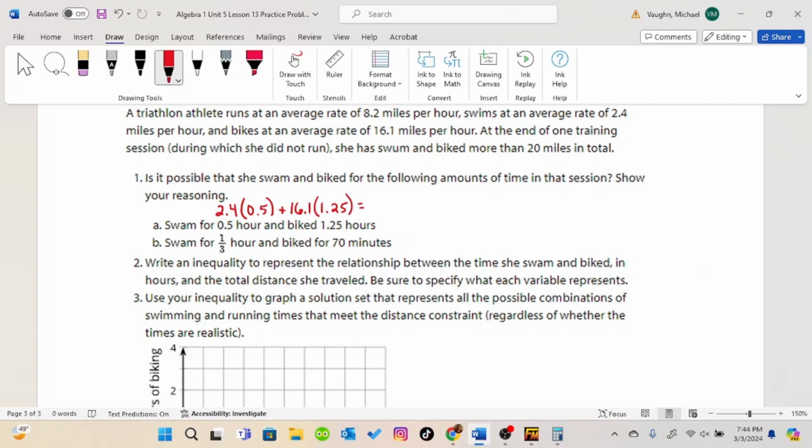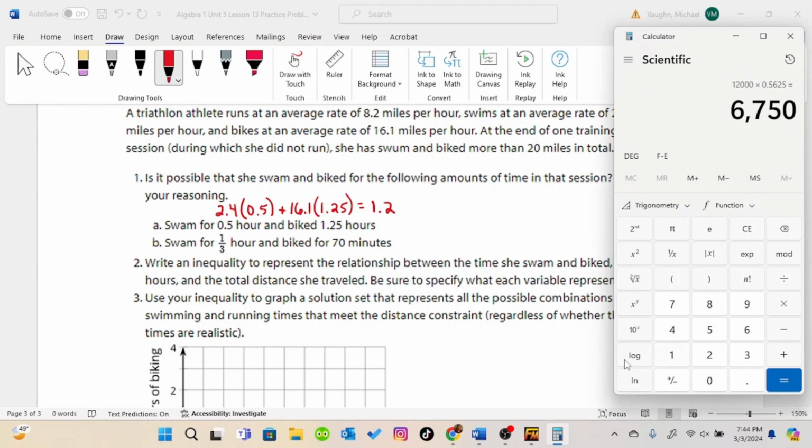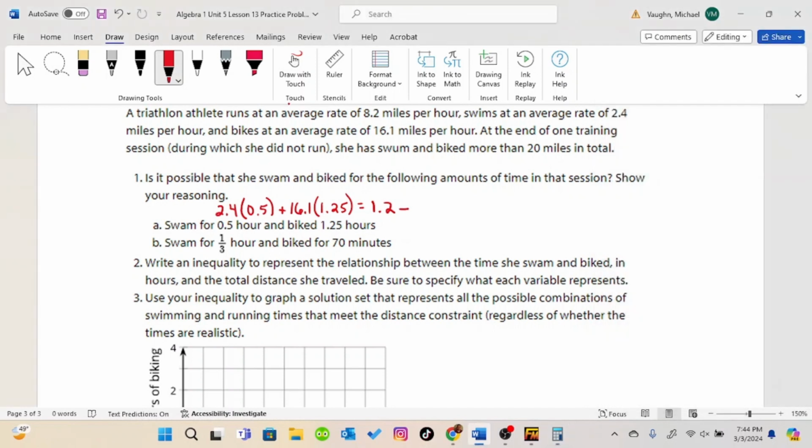So 2.4 times 0.5 is 1.2. And 16.1 times 1.25 equals 20.125.